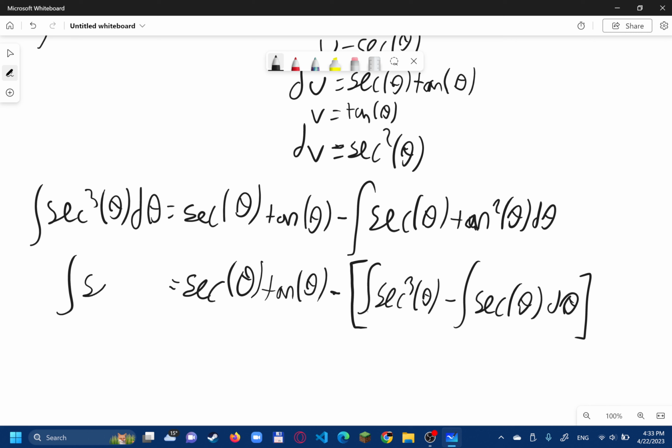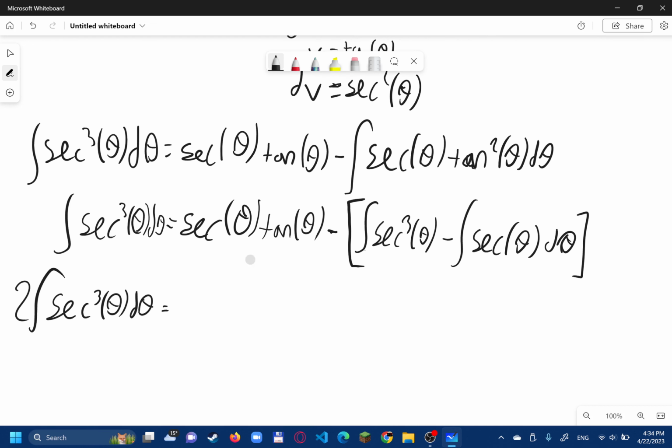And this is, of course, equal to the secant cubed theta integral. So negative times the integral of secant cubed theta d theta is just negative of that same integral. We can add the same integral on both sides and end up with 2 integral of secant cubed theta d theta, which is equal to secant theta times tangent theta.